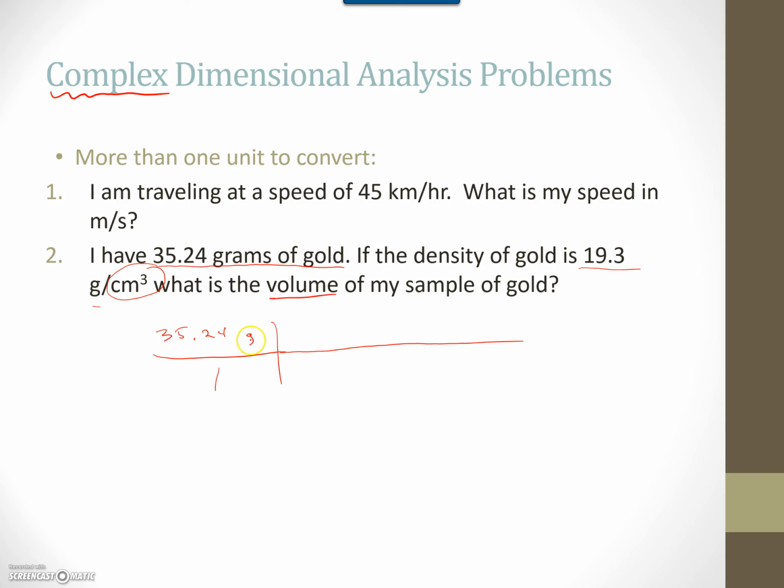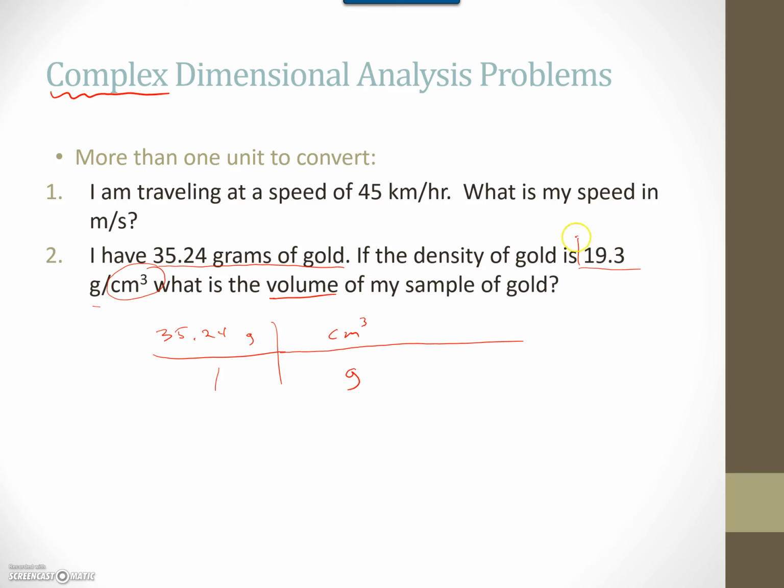So what I want to do here is I want to get my answer to have volume. So I want my answer to be in cubic centimeters, which means I'm going to probably get my cubic centimeters on top and my grams on the bottom. So in this case, I have 19.3 grams per cubic centimeter, right? So I'm going to put cm cubed up top for cubic centimeters, grams there, right?